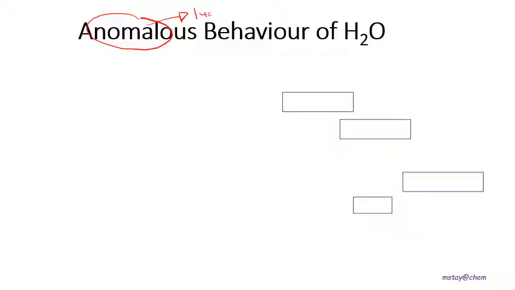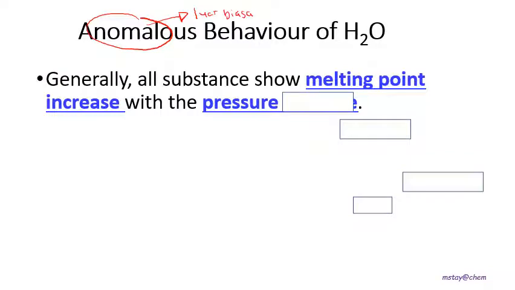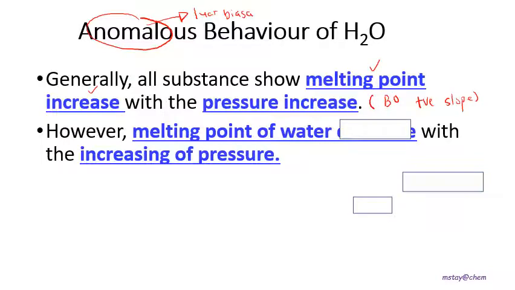Anomalous in Bahasa we can consider like luar biasa, special behavior. Generally, all substances show the melting point increasing when the pressure is increased. That's why just now we said that the BO line is a positive slope. But the melting point of water will decrease with increasing pressure. So that's why you can see from the phase diagram of water, the BO line is a negative slope.